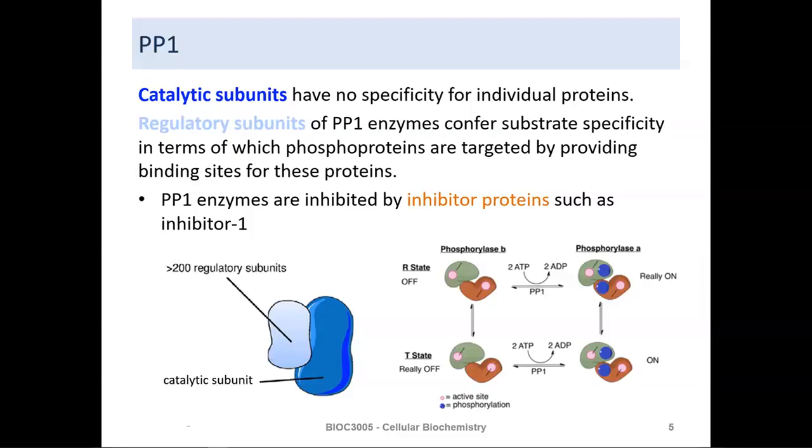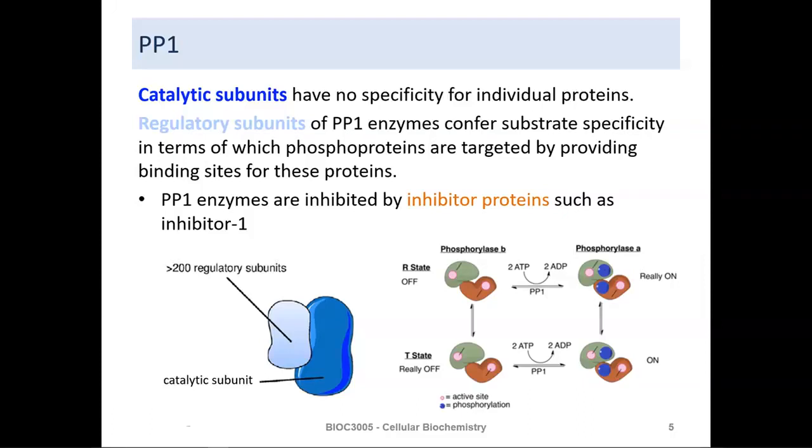However, there are over 200 different regulatory subunits, and it is the regulatory subunits of PP1 that confer its substrate specificity. This is in terms of which phosphoprotein the PP1 will target, by providing the binding sites for these proteins.